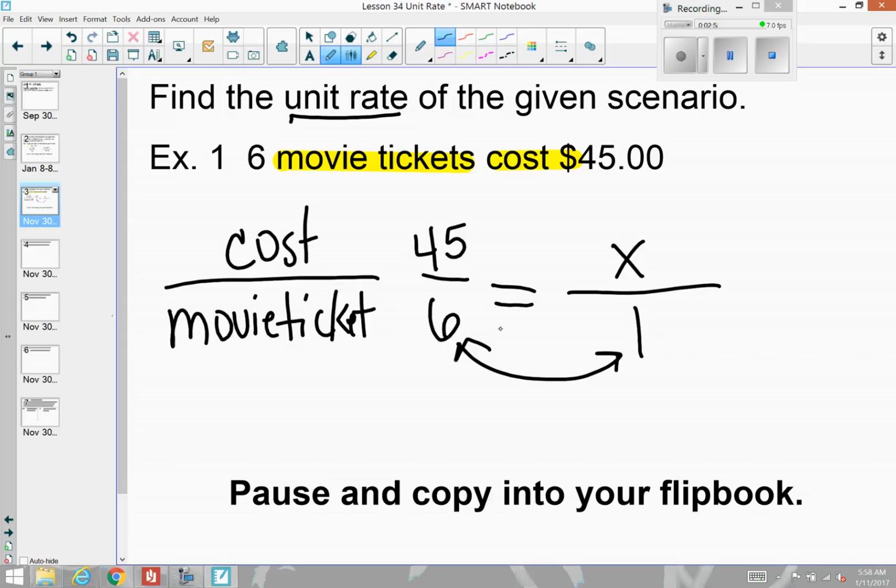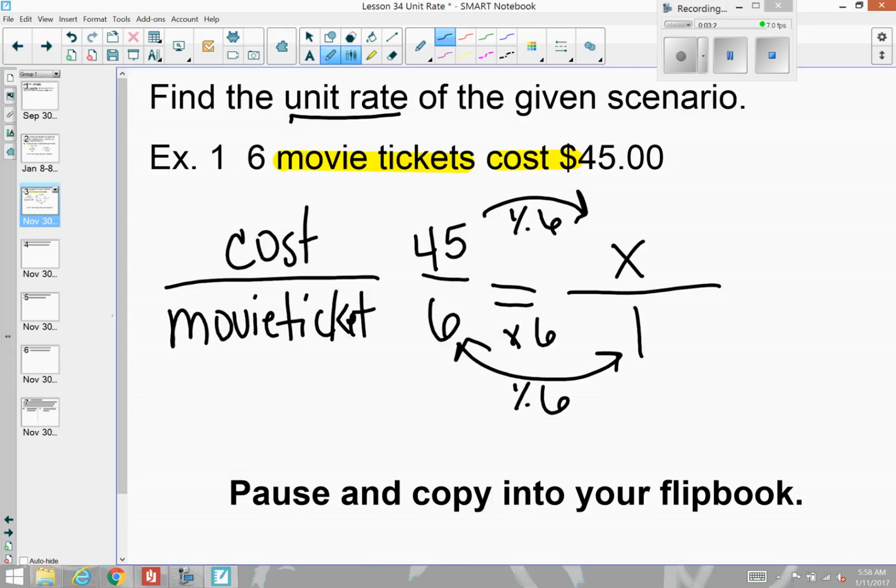We can either multiply 1 by 6 or we can divide 6 by 6 to get that. So therefore we have to do the same thing. We don't want to multiply 45 times 6, so instead we want to divide by 6.